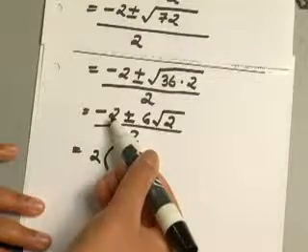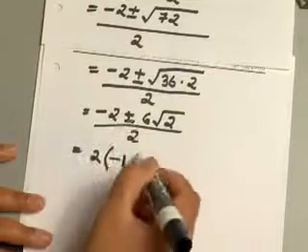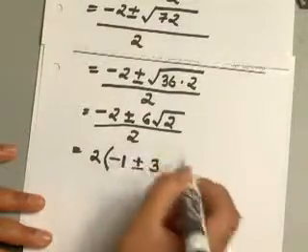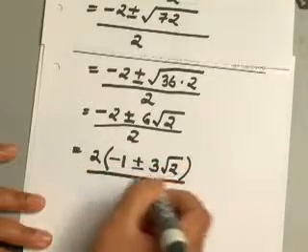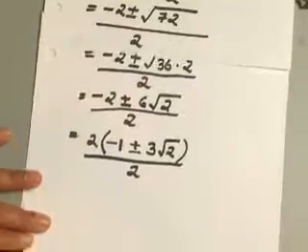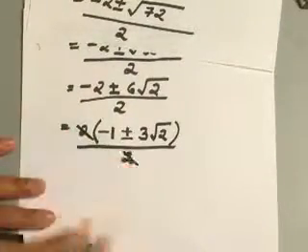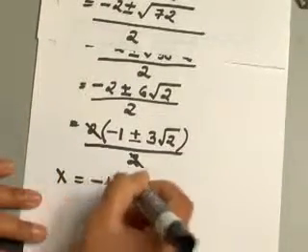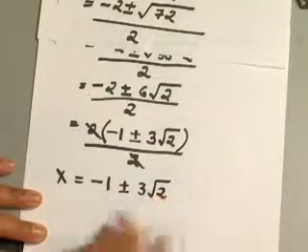Negative 2 divided by 2 will leave you with negative 1, plus or minus 6 divided by 2 leaves you with 3, and of course the square root of 2 is left also, and this whole thing divided by 2. You will notice that this 2 and this 2 will cancel out, and you end up with x equals negative 1 plus or minus 3 square root of 2.